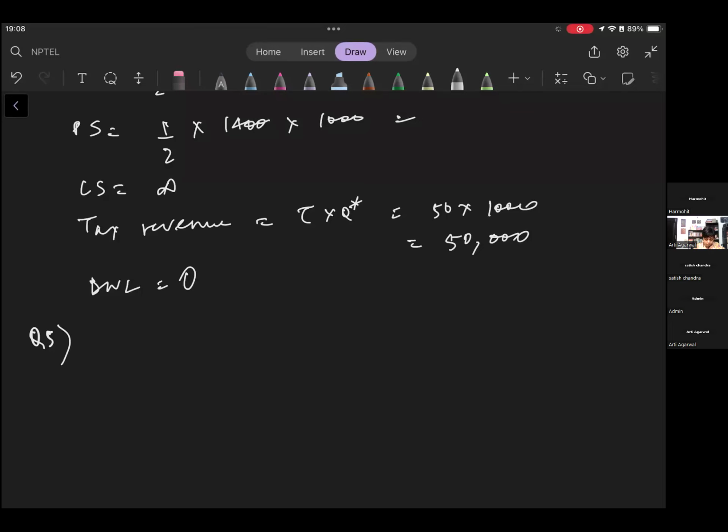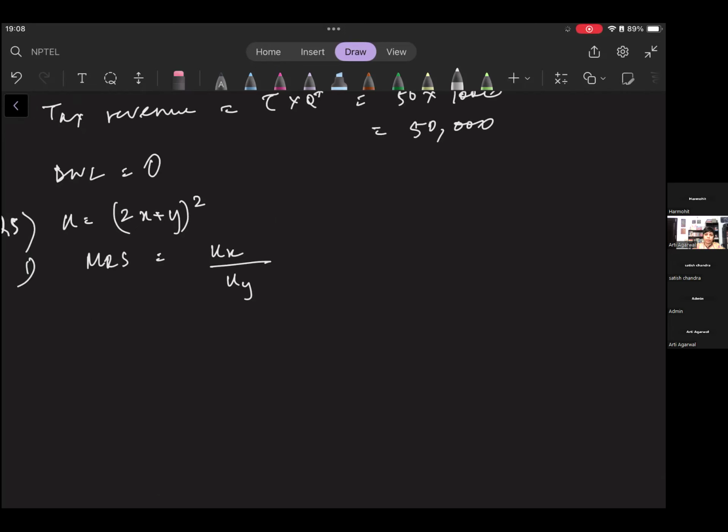Let me write down the functions first. Okay, this is the given utility function. First thing you're asked is the MRS. Basically, you can say Ux by Uy.